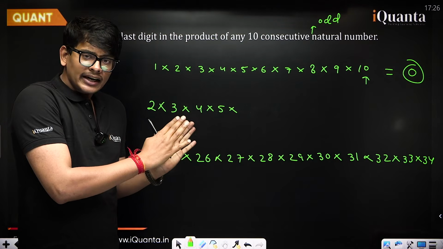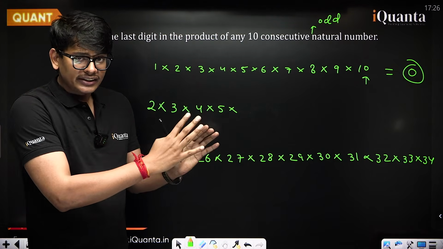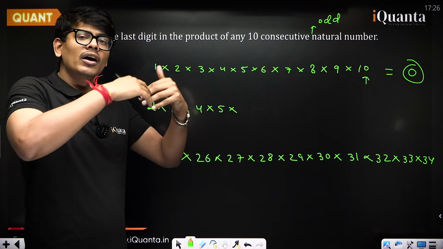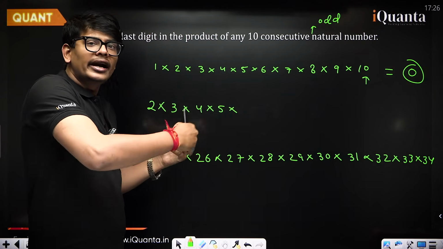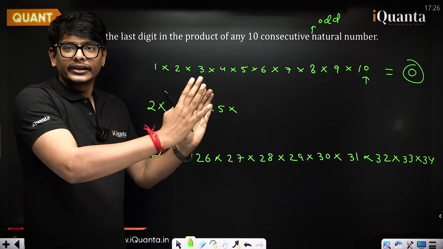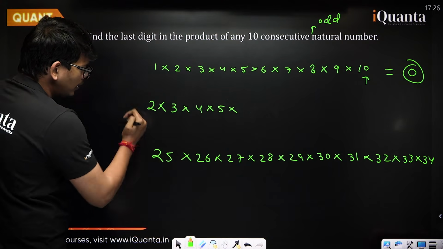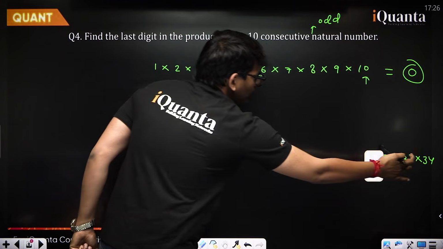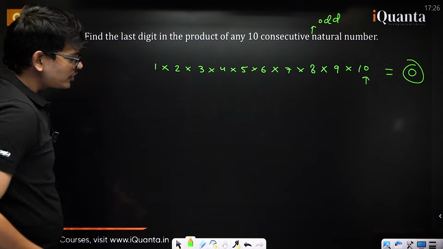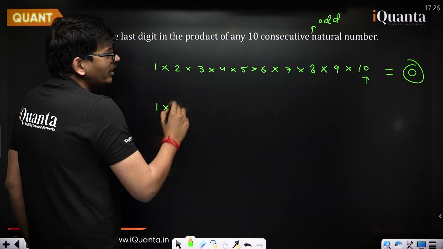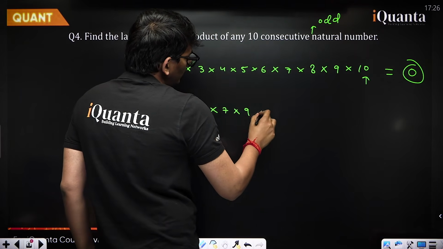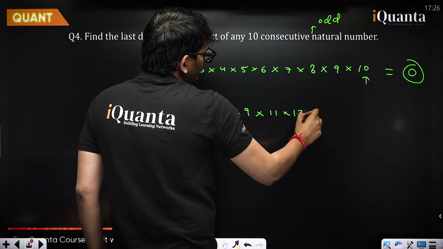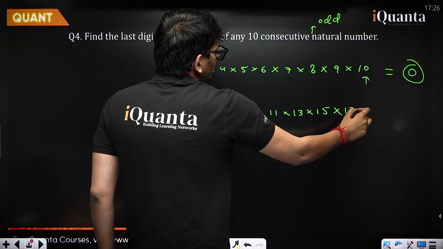If it is satisfied in the first 10, it will always be satisfied for any other 10 also. You do not need to check for random numbers. So check for the first 10 consecutive odd natural numbers: 1, 3, 5, 7, 9, 11, 13, 15, 17, 19.